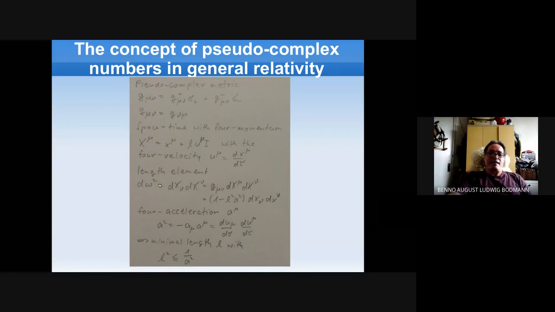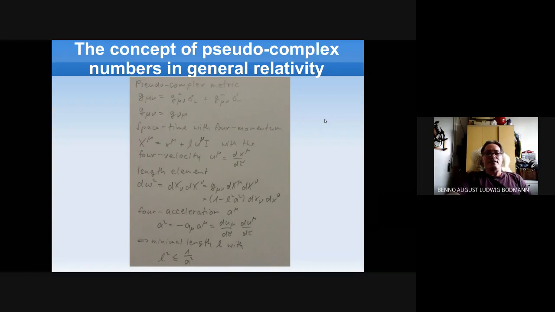And we can calculate the length element. And what we see, this squared element needs to be positive or 0. So here emerges the four-acceleration, which is related due to this relation, which needs to be bigger or equal to 0 with the minimal length. We have also a maximal acceleration due to this relation.